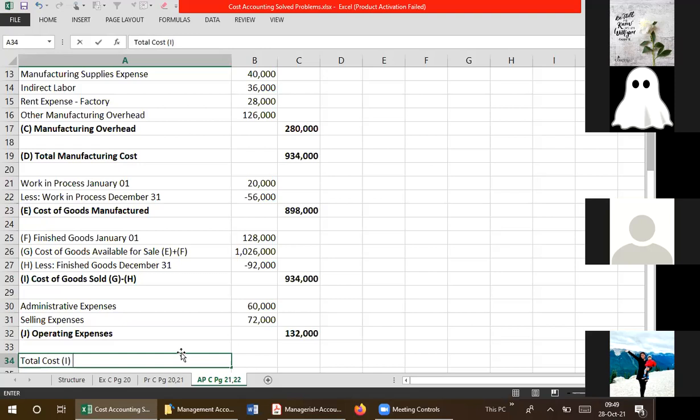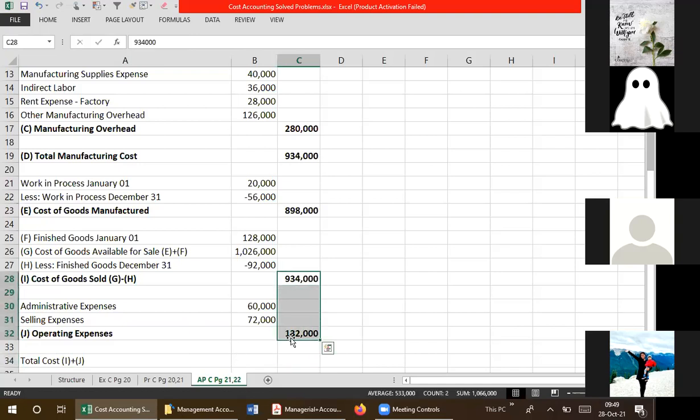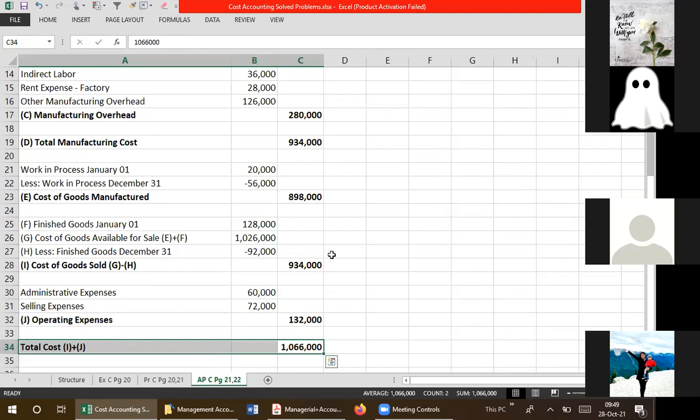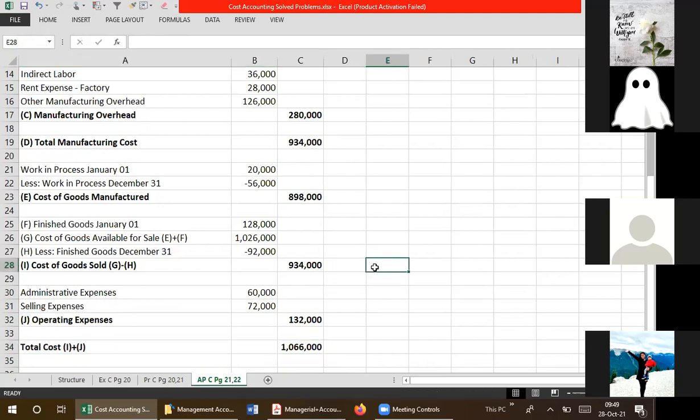The cost adds up to point I plus J, $1,066,000.